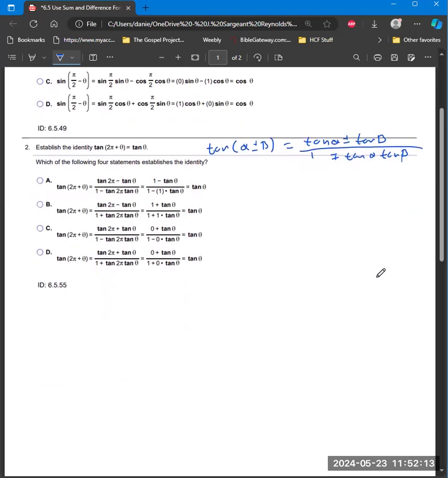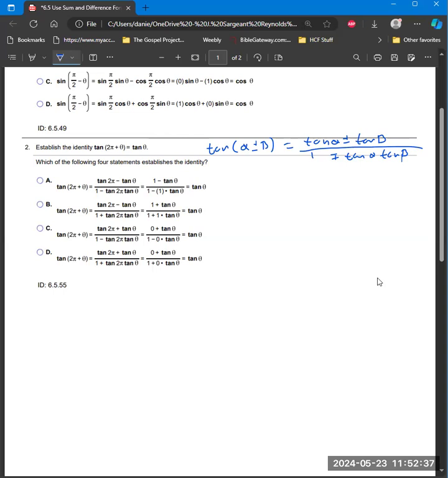Now let's look at tangent of 2 pi plus theta. So we're going to use the sum identity here for tangent. So tangent of 2 pi plus tangent of theta over 1 minus tangent of 2 pi tangent of theta.